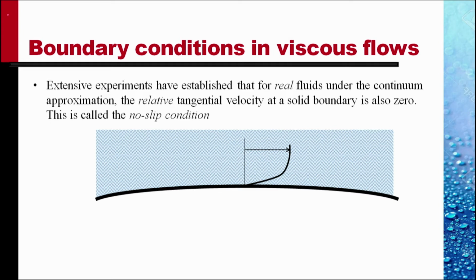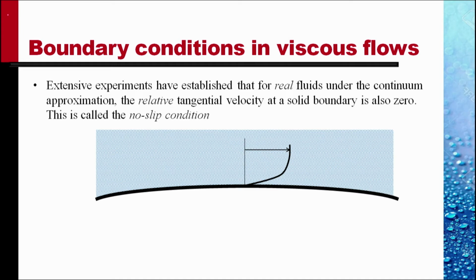The fluid may be moving relative to a solid boundary, but at the boundary, the velocity of the boundary would be the same as the velocity of the fluid. Or rather, the velocity of the fluid would be the same as the velocity of the boundary. If the boundary was stationary, the fluid at the boundary would be stationary too.